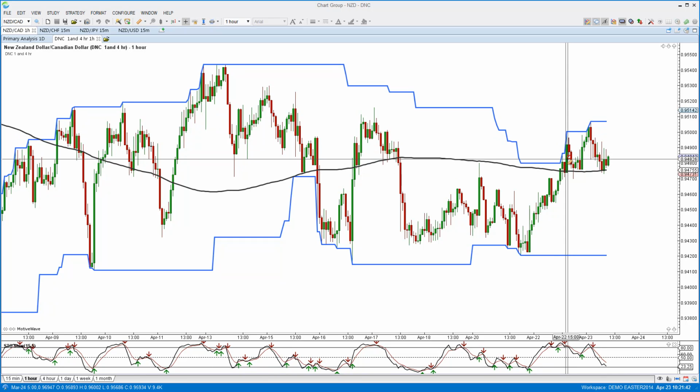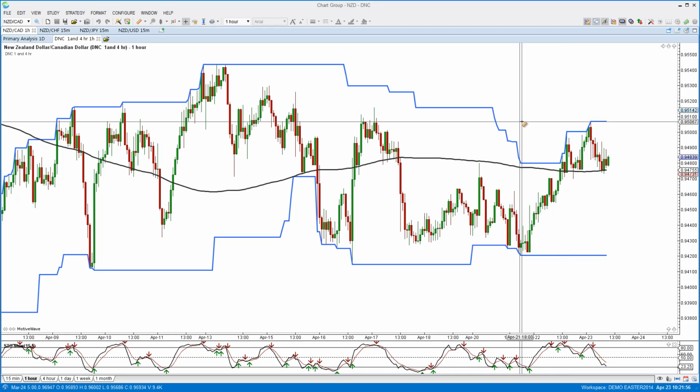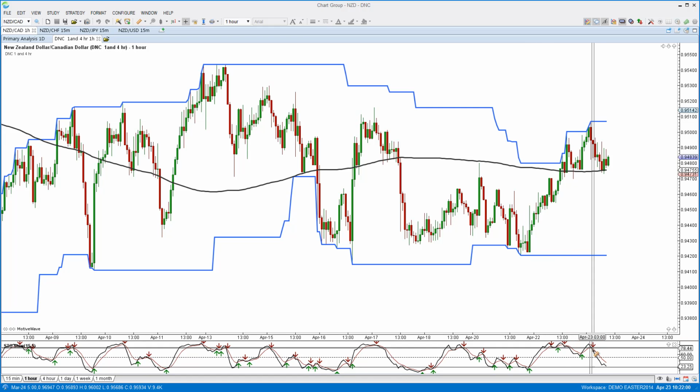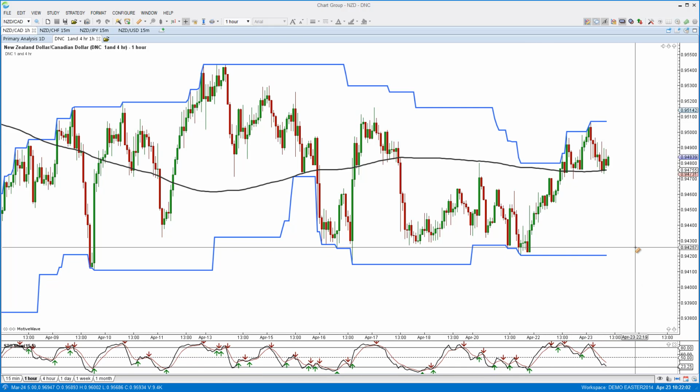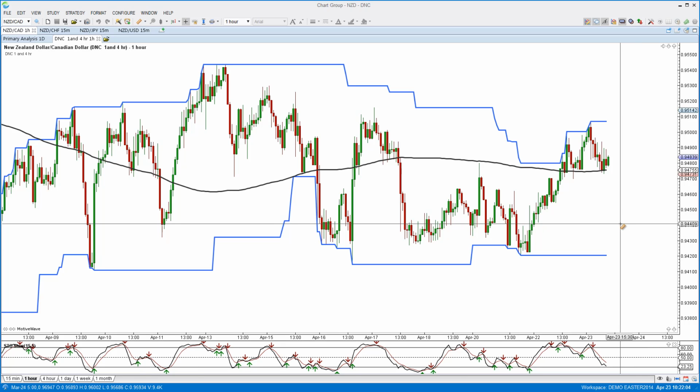Had we taken it at this level, 94.80, we'd be in the money for a few pips, maybe 2 or 3 pips. We can see stochastics has moved all the way down, probably going to go back up, and that might help kick us back into the necessary trade.